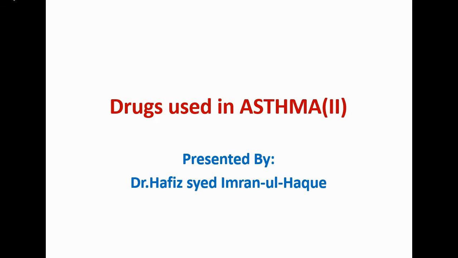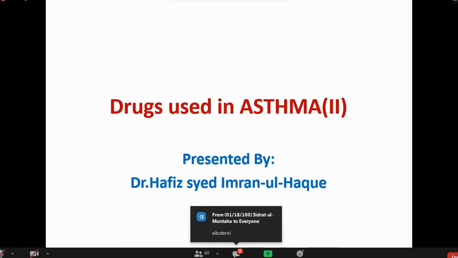And the major group, I think you may recall, the group of first choice that can be used in the treatment of acute attack of asthma to reverse the bronchoconstriction is, anyone can tell me? Albuterol.